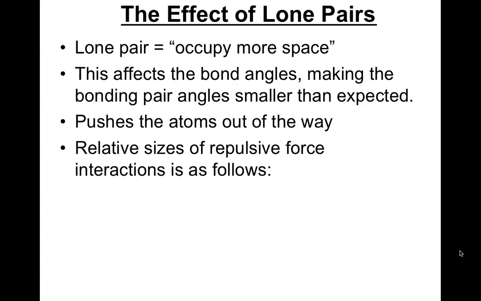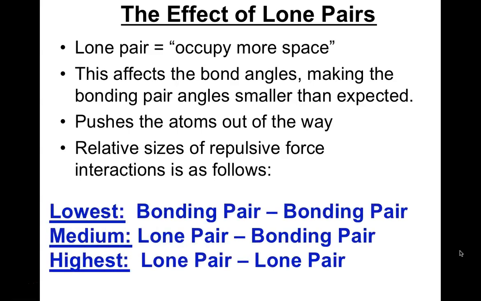So if we want to compare the size of the repulsive force, we can look at it in the following way. A bonding pair repelling a bonding pair has the lowest repulsive force. If I take a lone pair next to a bonding pair, it's going to be the next highest repulsive force.